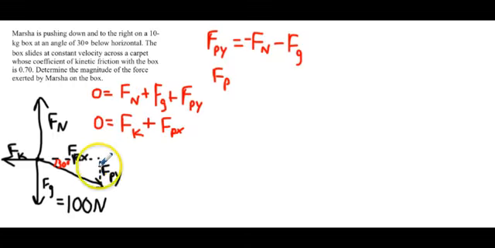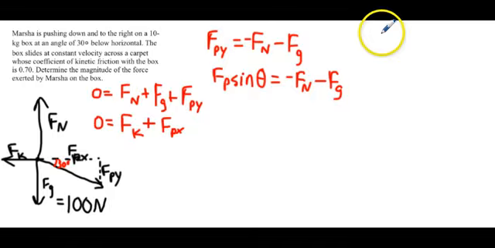Its y component is the opposite side from the angle, so that would be sine of the angle. Okay, and that equals the normal force minus the force of gravity.